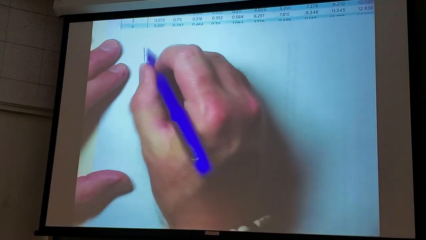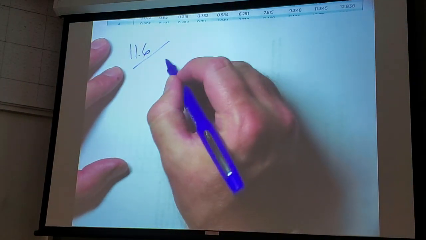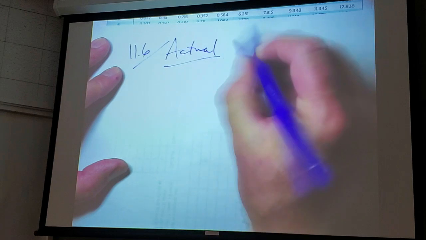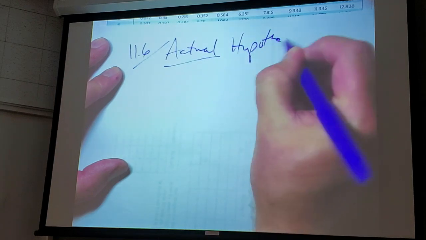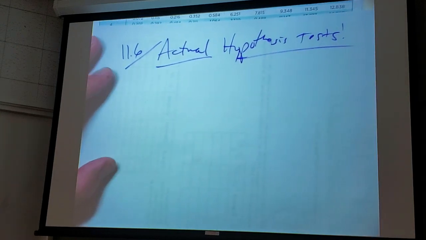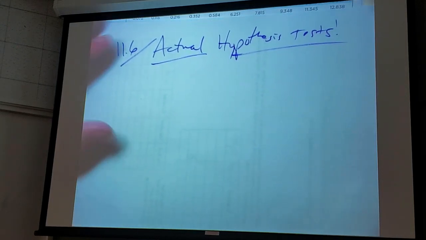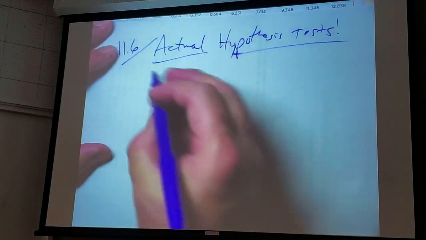is section 11.6, which is where the actual hypothesis tests live. So let me get your reaction to this. Let me see if I can make a problem.